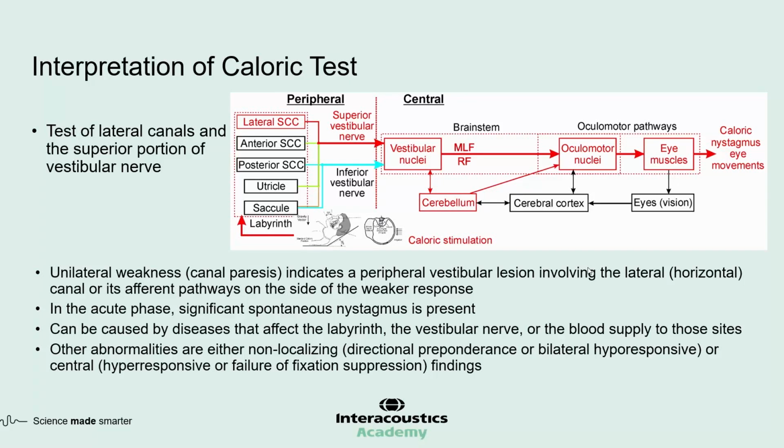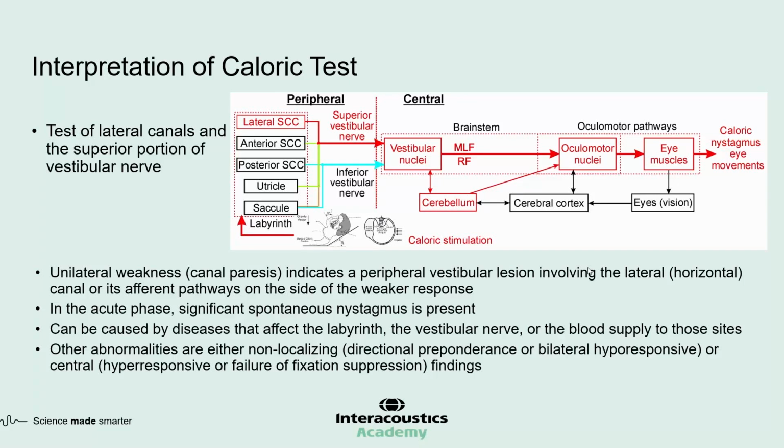In the acute phases of abnormality, oftentimes the patients will have spontaneous nystagmus. The spontaneous nystagmus will shift the baseline of the caloric testing, but should not affect the total response from each ear. Unilateral weakness can be caused by diseases that affect the labyrinth, the vestibular nerve, or the blood supply to those peripheral structures.